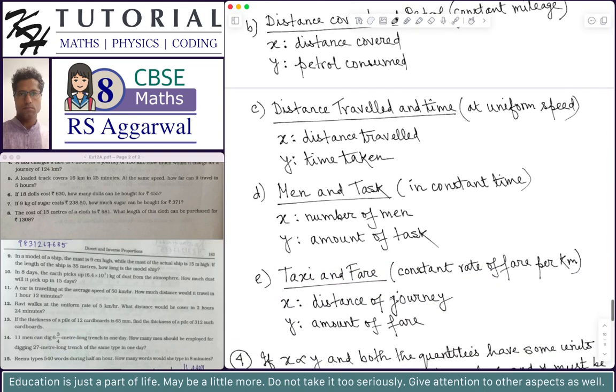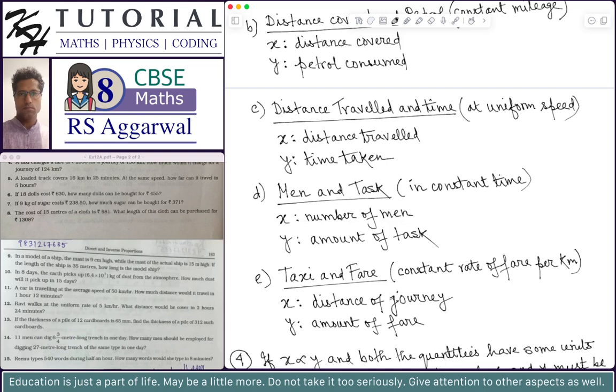The next is men and task. That is, the number of men and the amount of task completed. Now in this example, the time is constant. The number of men, the amount of task, and the time are the three quantities involved.